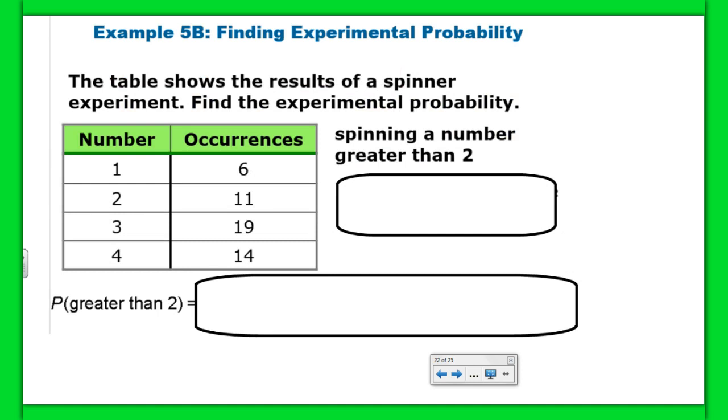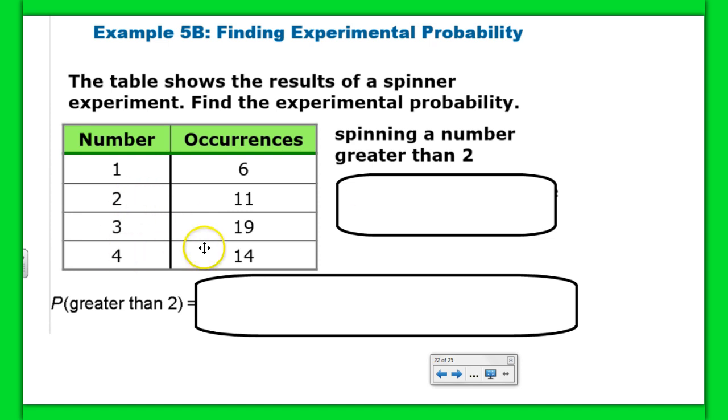So here's a table that shows the results of a spinner experiment. Find the experimental probability of spinning a number greater than 2. So we have 4 numbers on the spinner, and notice they spun the spinner and ended up with these results. So what would the experimental probability be for getting a number greater than 2?